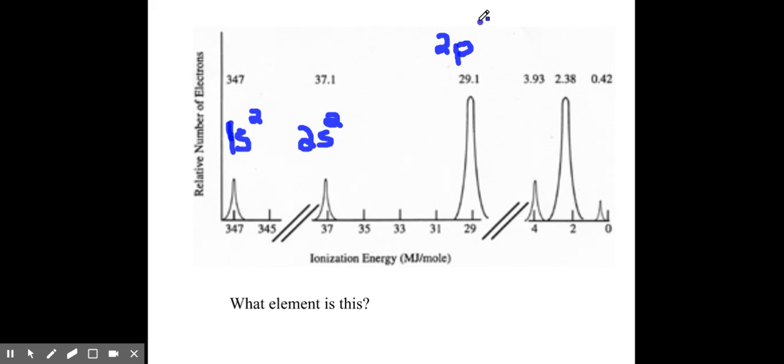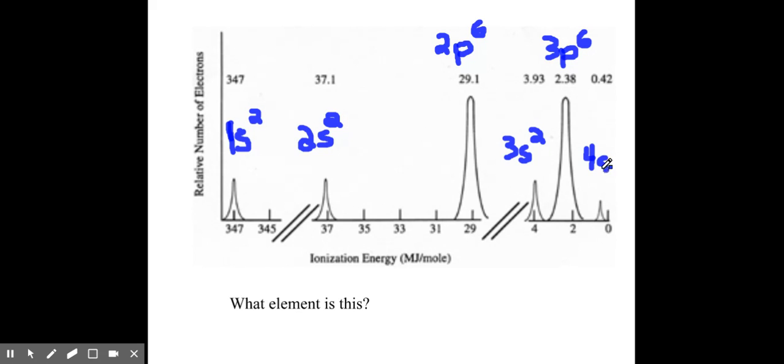So 2p6, and then it's going to be 3s2, and this is going to be 3p6. And now the last step is this last peak right here, and that's going to be 4s.